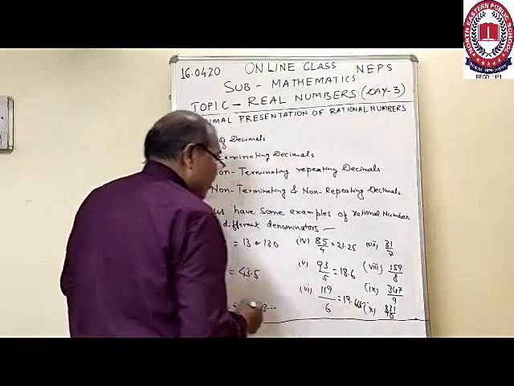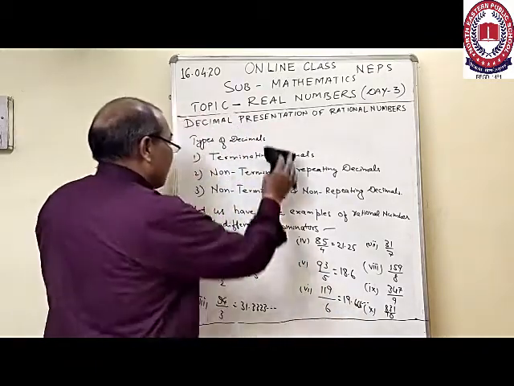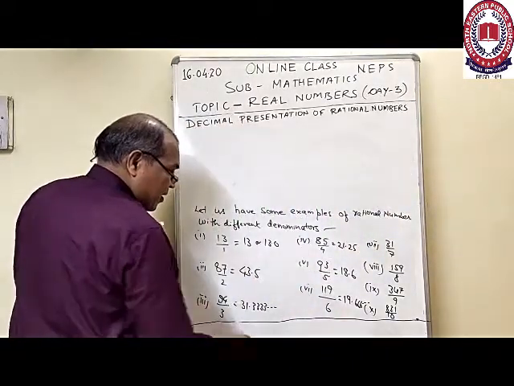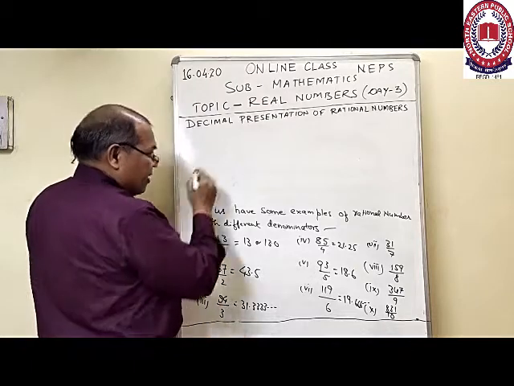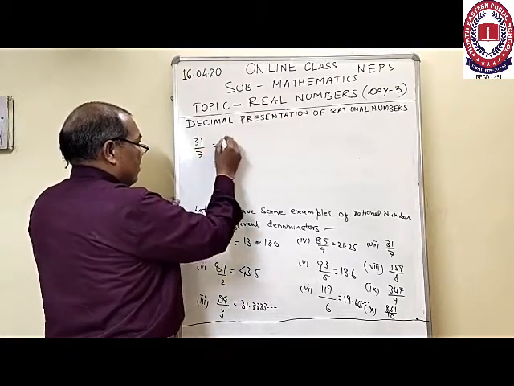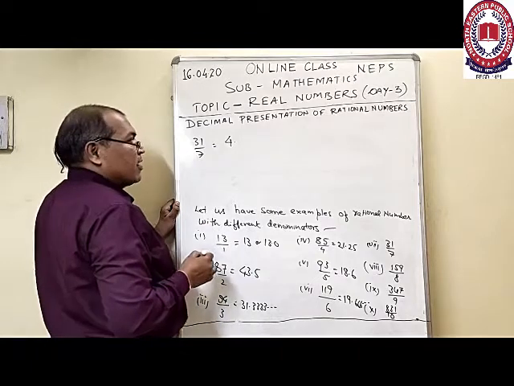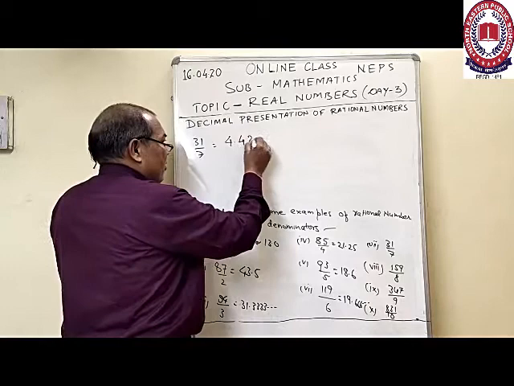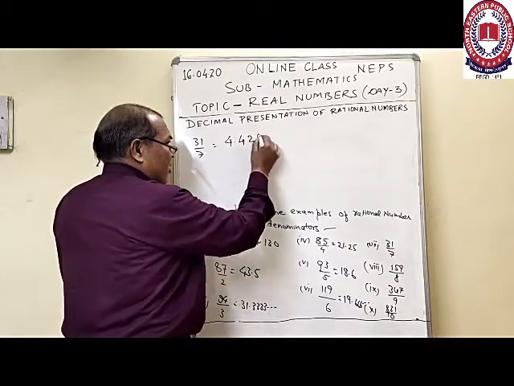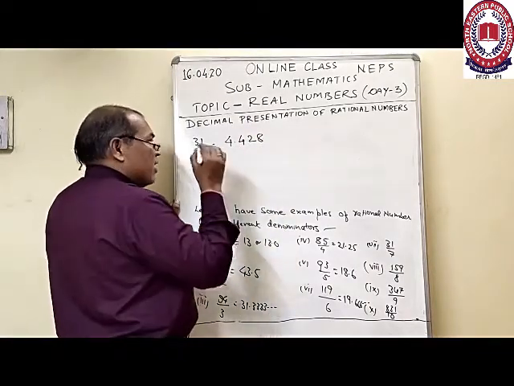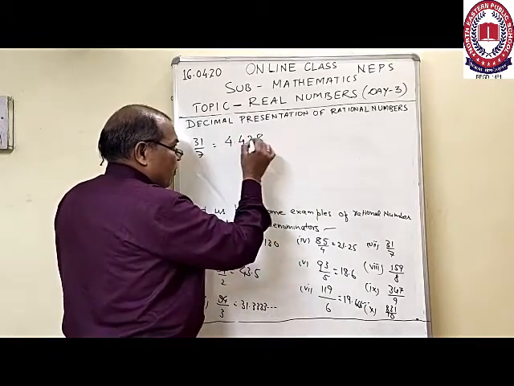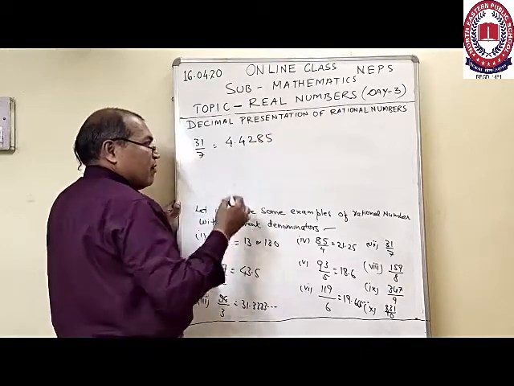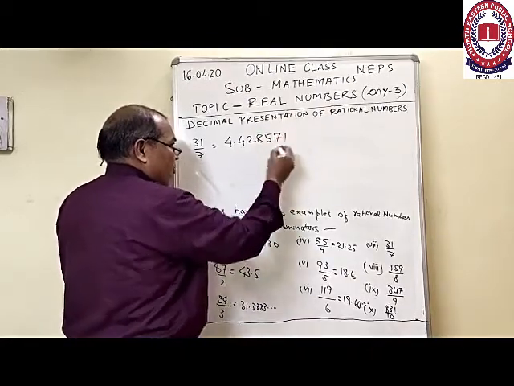Here we can continue with other numbers, say 31/7. 7 4 is 28, remainder 3, then 7 4 is 28, remainder 2, 7 2 is 14, remainder 6, 7 8 is 56, then remainder 4, then 7 5 is 35, 7 7 is 49, and so on.